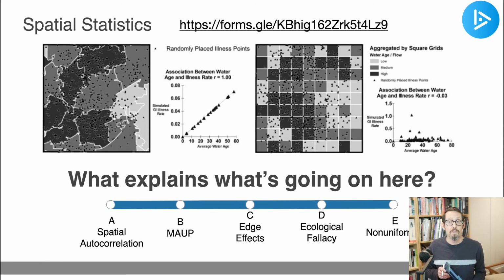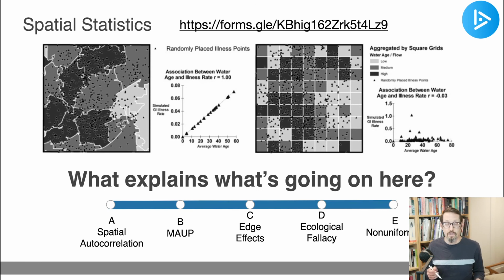When we divide up a fake map into grids or regions like counties, and we randomly assign them different water ages, our independent variable in this model, then we draw, using a roll of the dice, a few sets of sample points to see how many illnesses we get in a period of time, right?